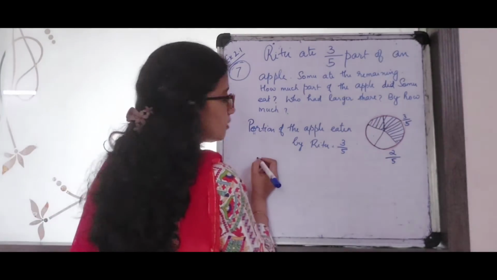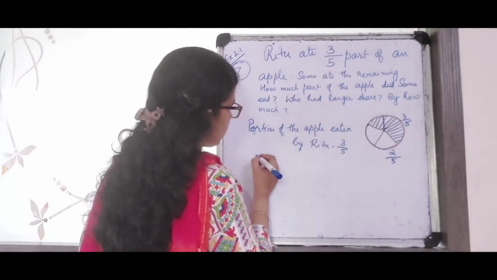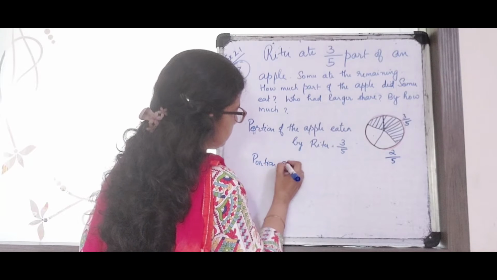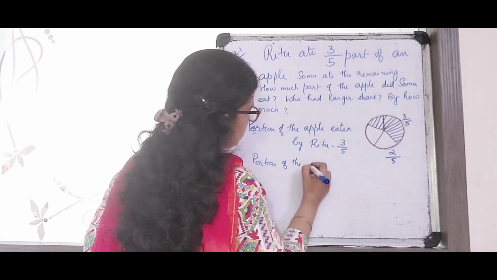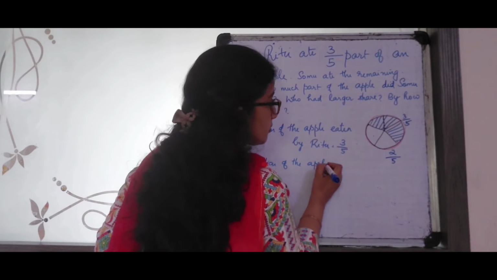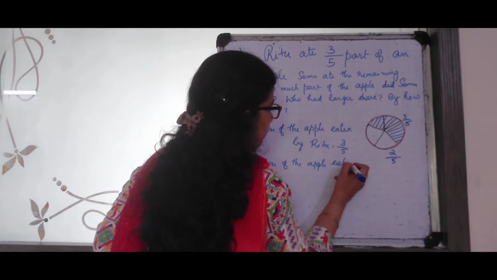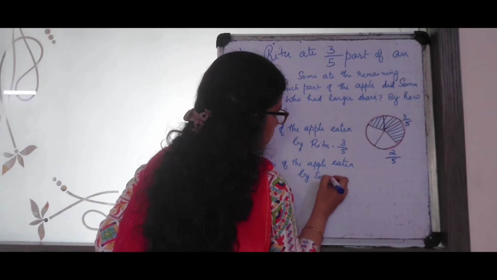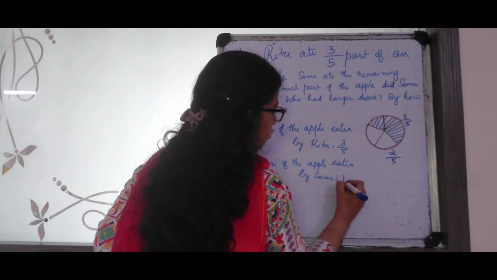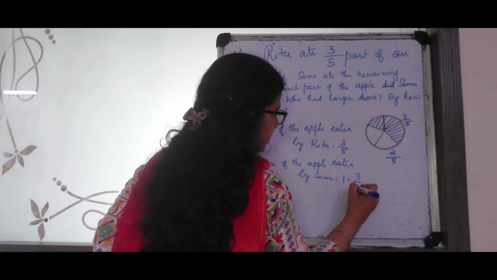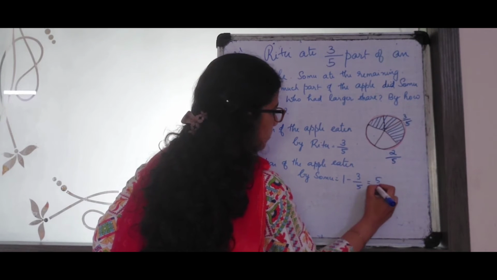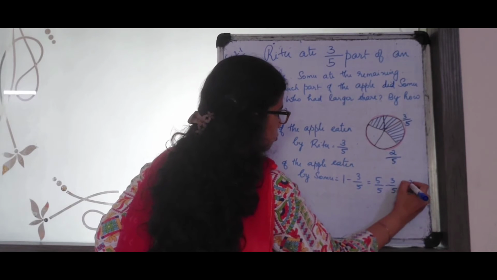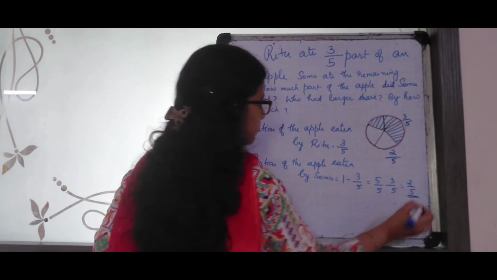And the portion of the apple eaten by Somu is equal to 1 minus 3 by 5, which is equal to 5 by 5 minus 3 by 5, which is equal to 2 by 5.